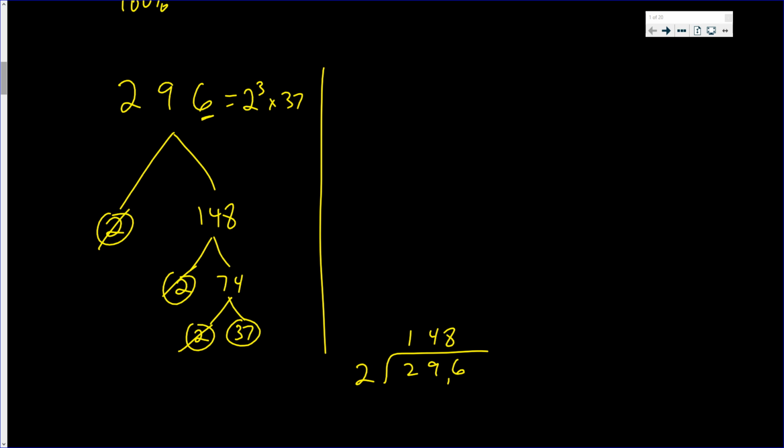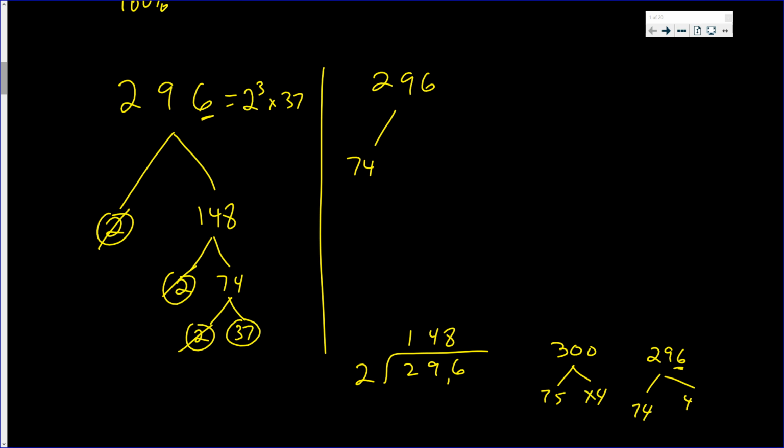Another student can be slick and say, you know what? I know that 300 is 75 times 4, but 296 has one less 4, so it has 74 fours.